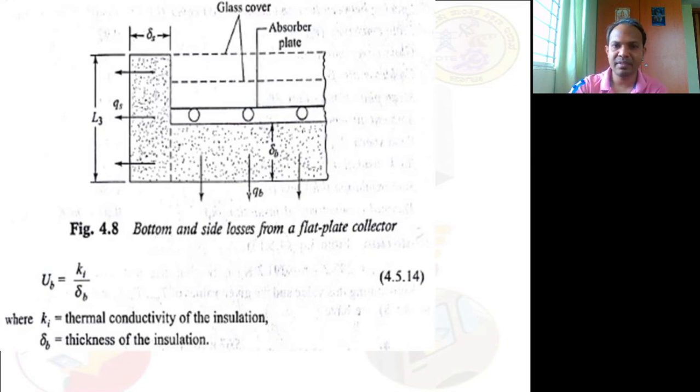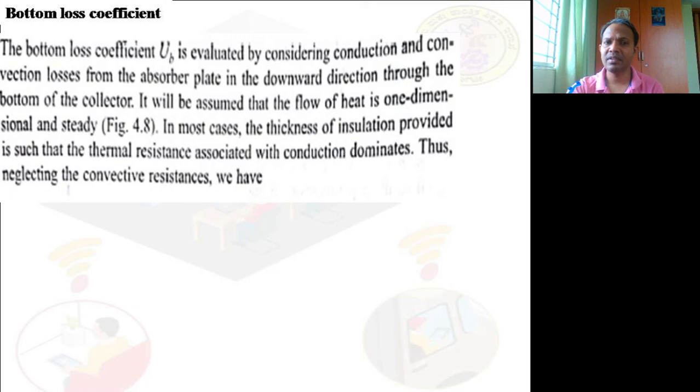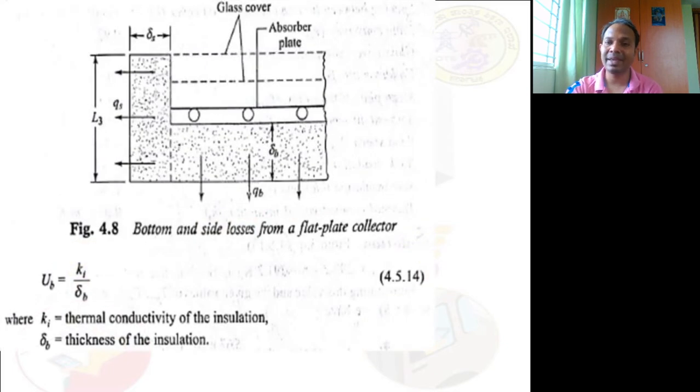In order to avoid heat losses by conduction, we insulate the side walls and the bottom, especially the bottom one with higher thickness. When it is insulated, convective heat losses don't occur predominantly, so the conduction will be more. That is the reason why we neglect the convection.